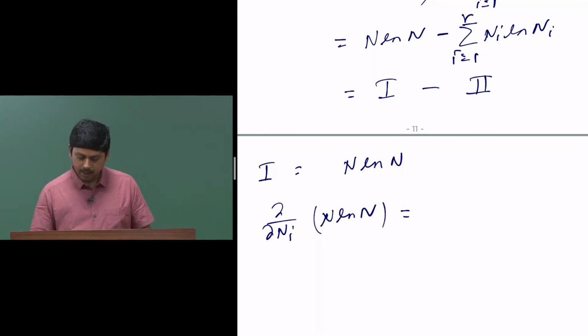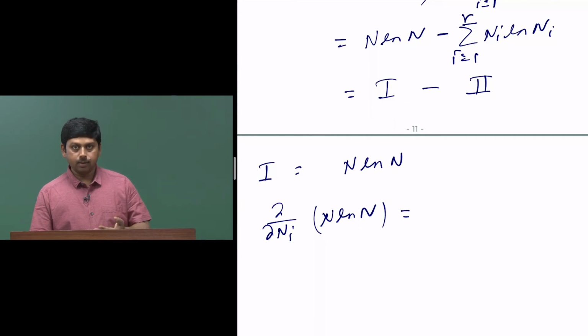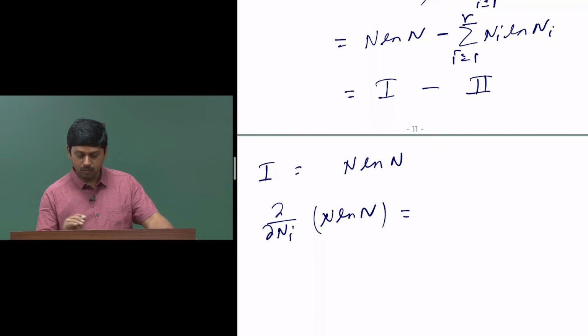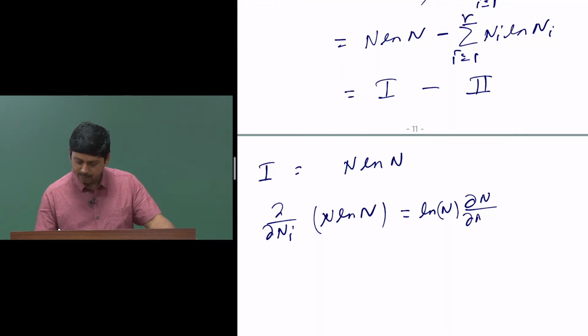It is a differentiation of a product, so let us do it step by step. It will be ln n ∂n/∂n_i plus n into 1/n into ∂n/∂n_i.